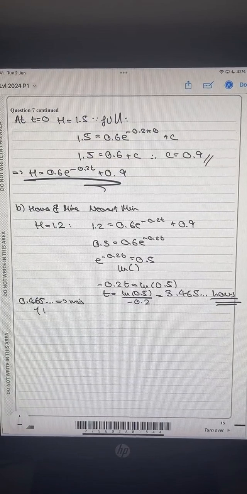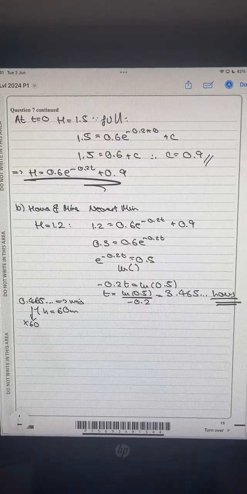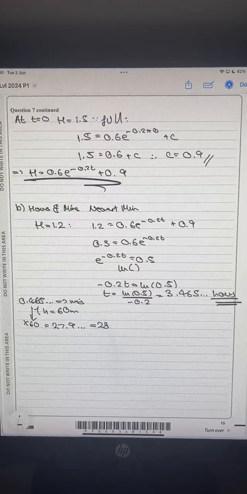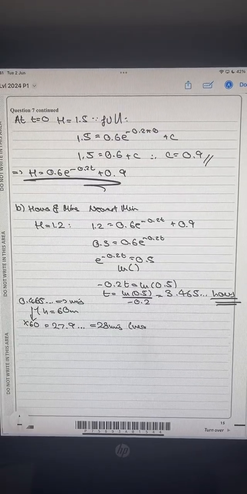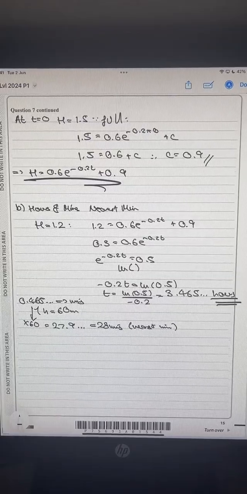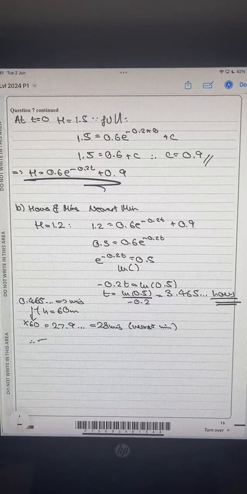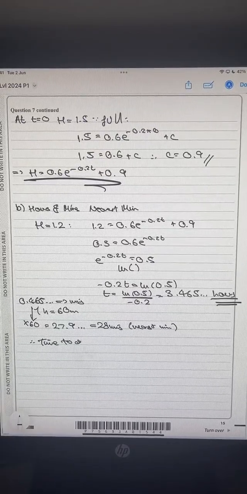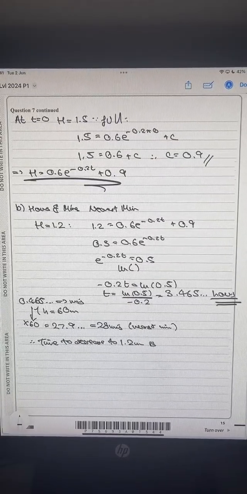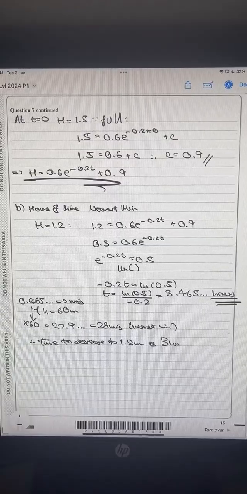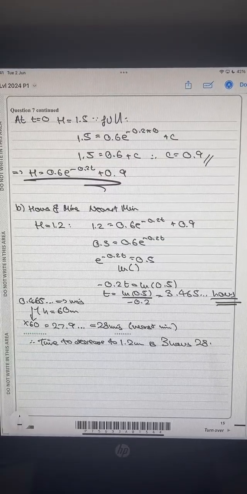Well, I know that 1 hour is equal to 60 minutes, so I just multiply this by 60. So times by 60, that gives me 27.9 and so on, which is 28 minutes to my nearest minute. So therefore, the time to decrease to 1.2 meters is, don't forget the 3 part, 3 hours and 28 minutes.